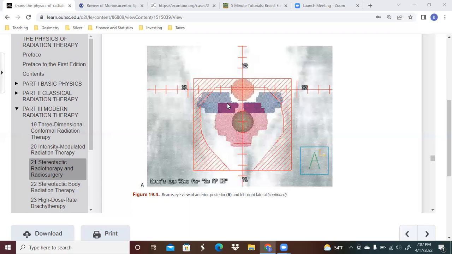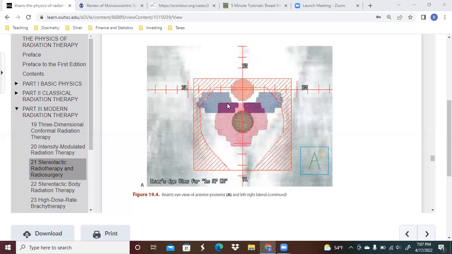When I first got into it, you could actually do a digitization of films and create plans based off of that. Nowadays, you would almost never see that kind of thing going on. However, you still have 3D, IMRT, and eventually we'll see some stereotactic examples as we go through.